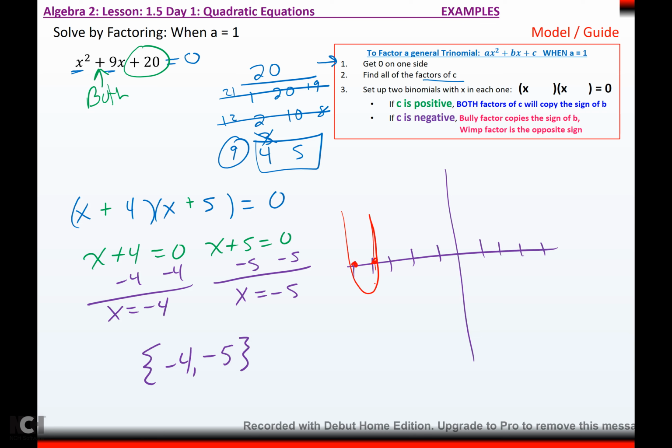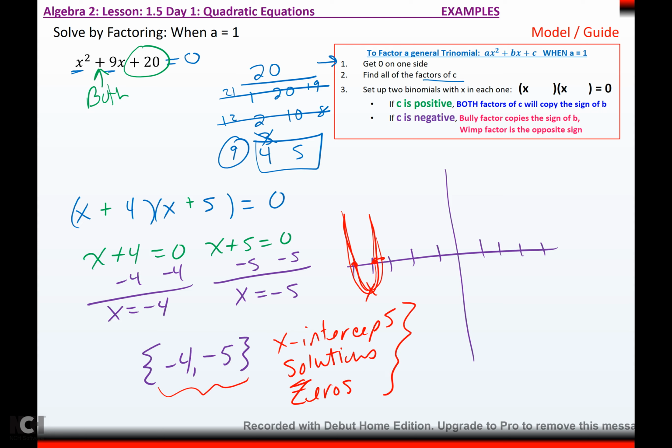And it opens up, so it's going to do something like that. Again, I don't know about the vertex. We'll learn that later. But what you're finding when you solve a quadratic is its x-intercepts. Its solutions. Its zeros. Those are all words to describe those 2 points you just found.